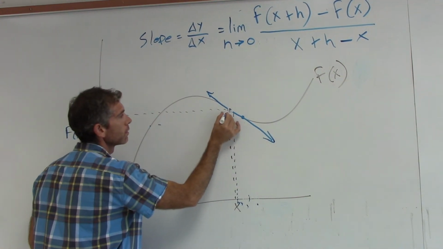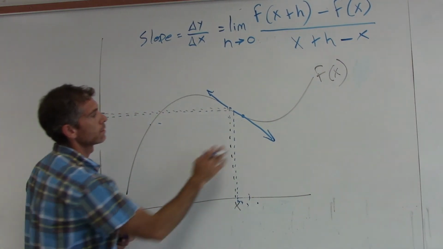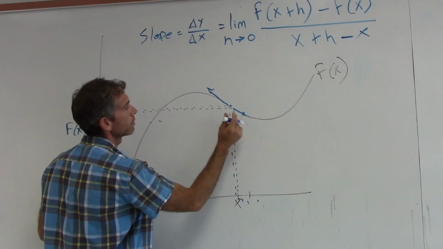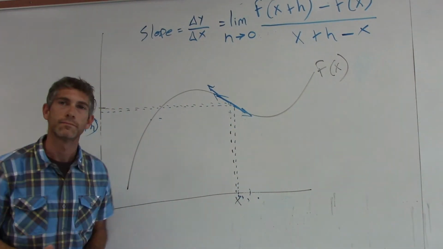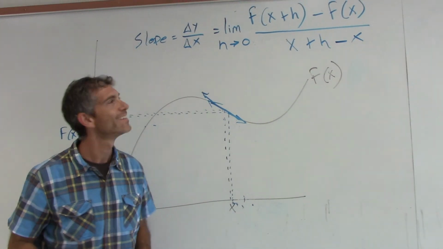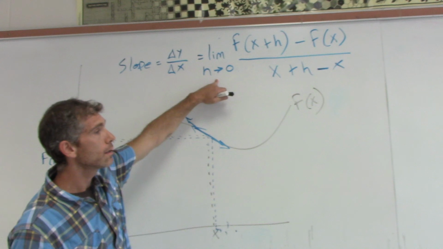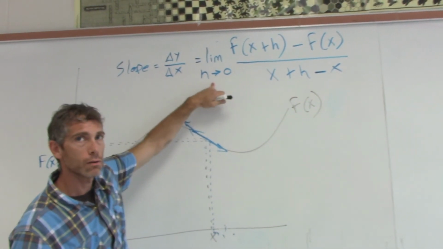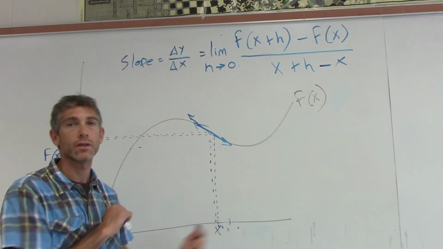So instead of having a secant line and finding the average slope, you're getting really infinitely close to a tangent line at that point and an instantaneous rate of change. Beautiful thing, isn't it? Calculus is amazing. And it's this limit as h approaches 0 that's forcing these 2 points to be infinitely close.